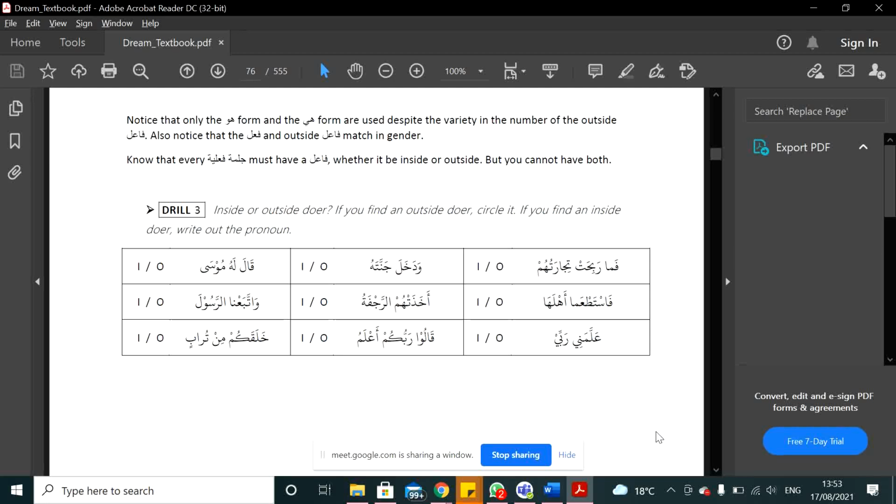So first you have to identify if the fi'l is in huwa or hiya format. So what is the rabihat? Which format is it? Which is the inside pronoun in it? It's in hiya format. Now the first condition matches, so we have to look for the other 3 conditions.